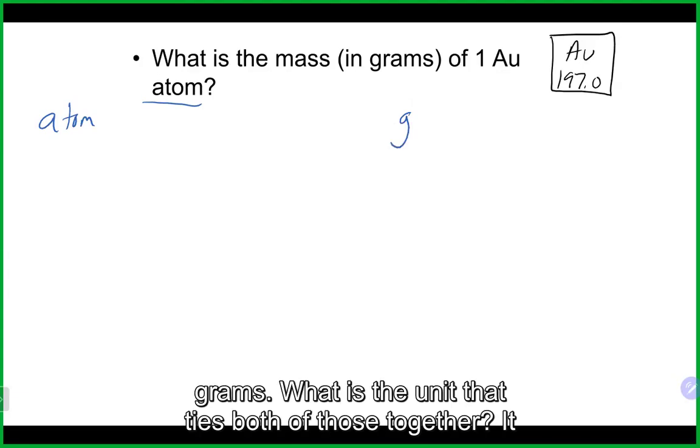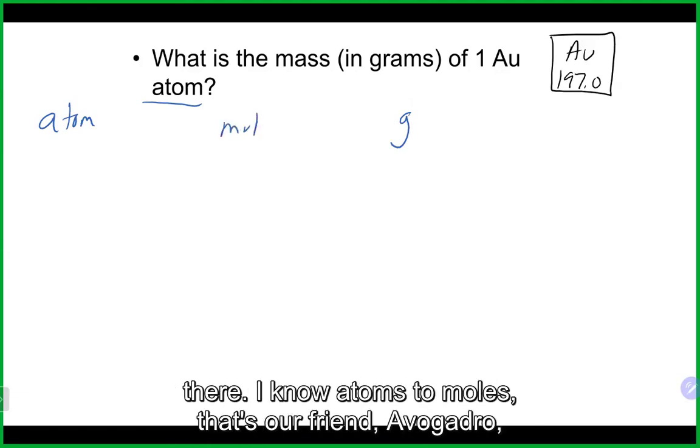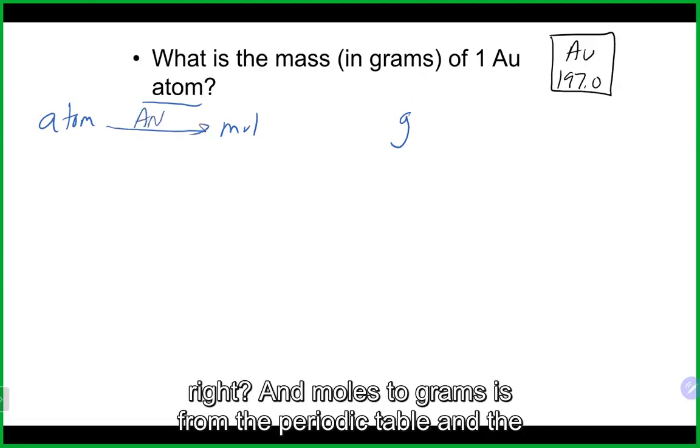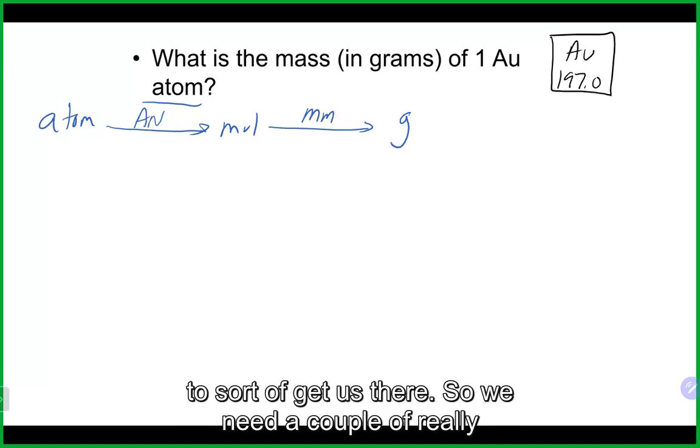What is the unit that ties both of those together? It is the moles, right? So now we can think about how we could get there. I know atoms to moles, that's our friend Avogadro, and moles to grams is from the periodic table and the molar mass, right?